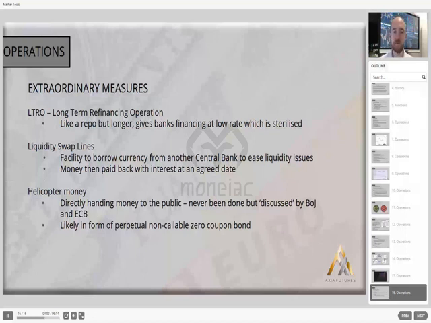Next up, a little diagram of how exactly it works. In this diagram it says the Bank of England, but this can be any bank. What happens is the Bank of England prints money, buys bonds from companies and pension funds, banks, etc. So the Bank of England's balance sheet increases.